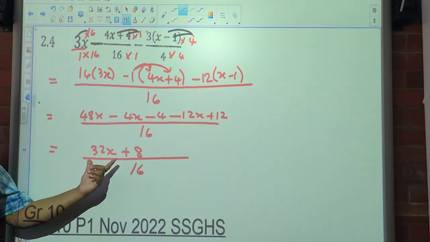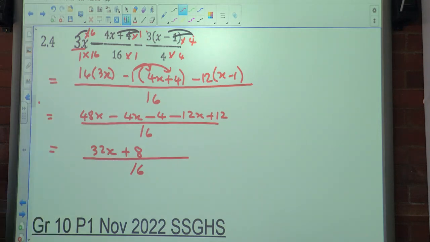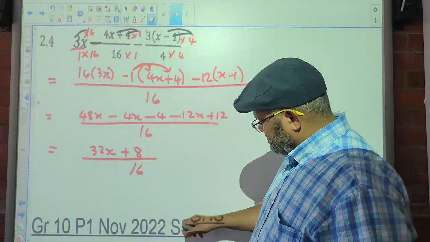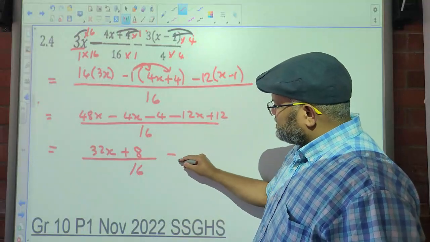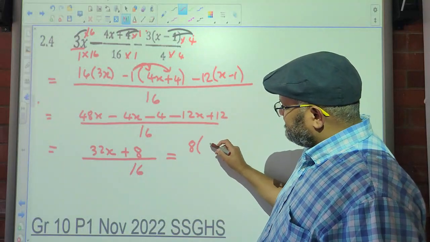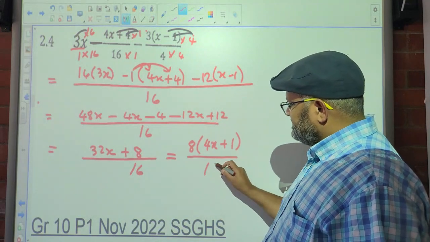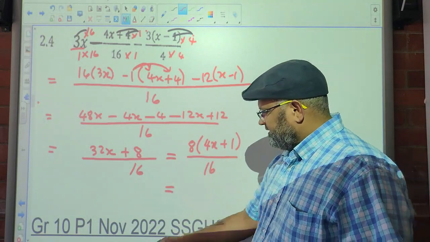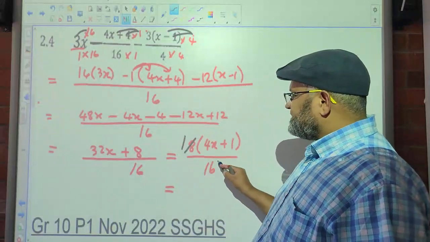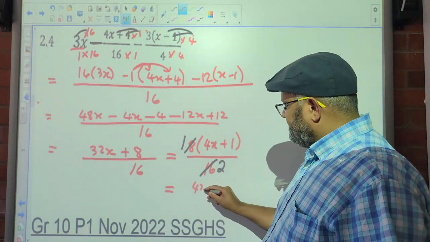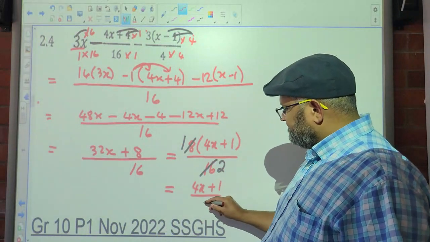We have a common factor of 8 here, not so? So if we take out 8 as a common factor, what are we left with? 4x plus 1 over 16. So 8 goes into 8 once, 8 goes into 16 twice. So the answer is 4x plus 1 over 2.